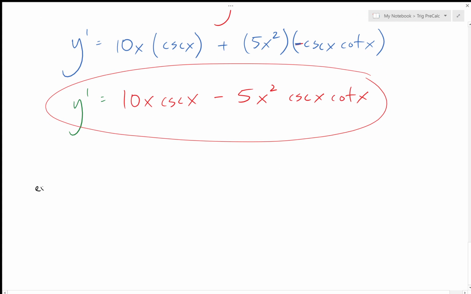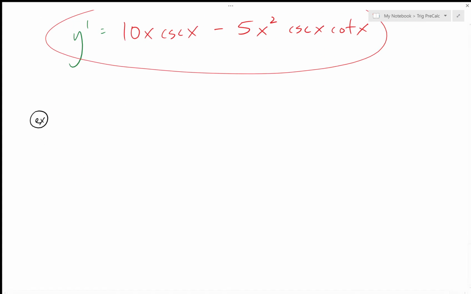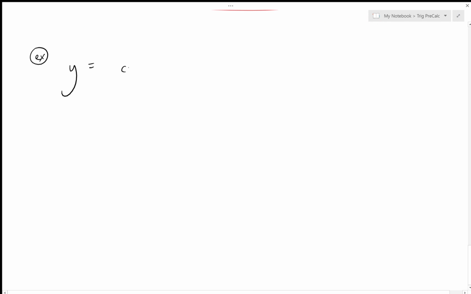One last trig function. So y equals cotangent x, tangent x. Now this is still a product rule. We didn't really say it, but these are connected by multiplication.